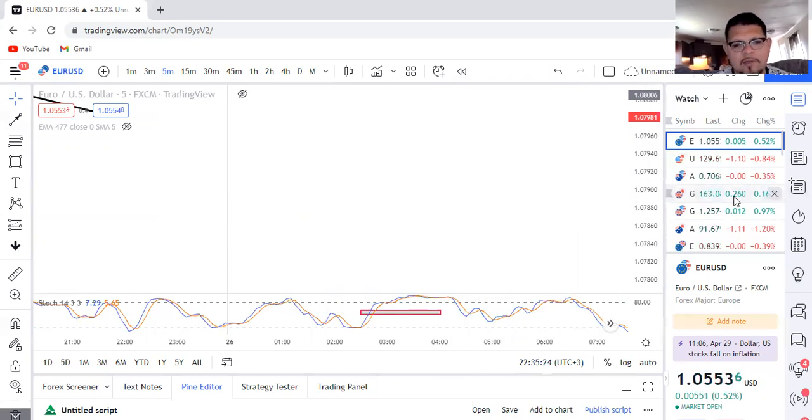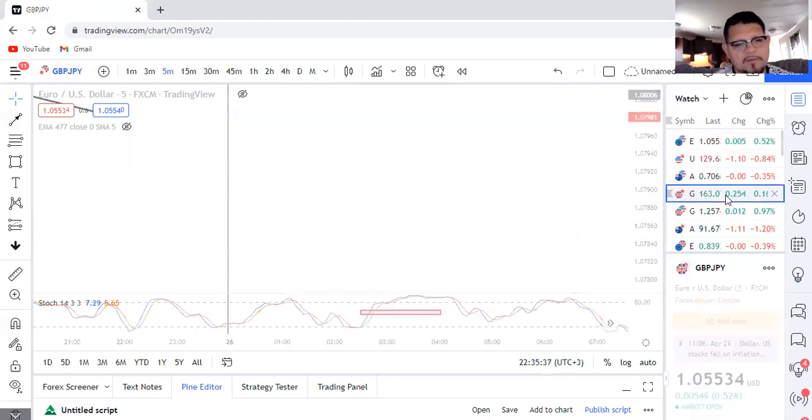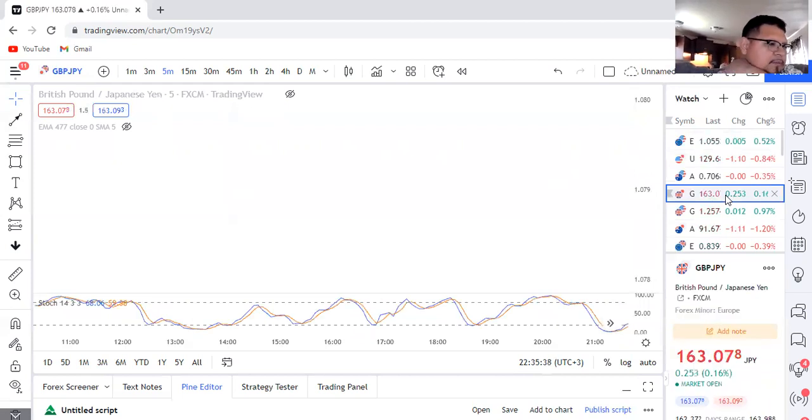I mainly trade this with the Forex majors, just the USD pairs. Sometimes I use the indices, which is NAS and also US 30, but I don't really trade them like that, guys. If I see a perfect setup, I'll take it.